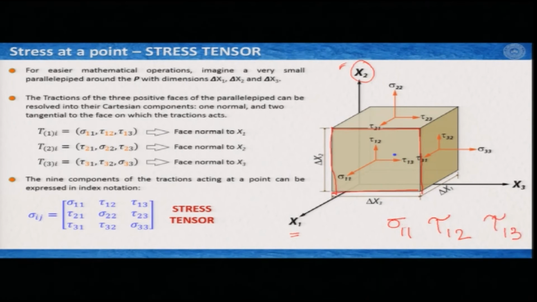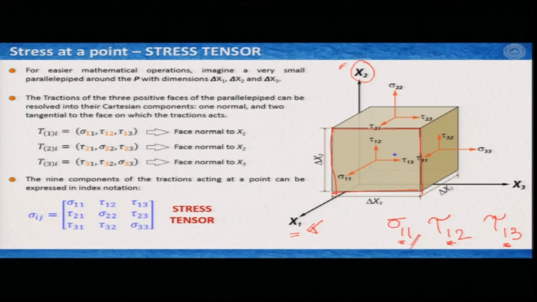In this case, the first index in each of these stress components indicates the plane on which it is acting, that is, the plane perpendicular to which it acts. This plane is perpendicular to x1, so in all cases the first component is 1. That means this sigma, this tau and this tau are working on a plane which is perpendicular to the x1 direction.